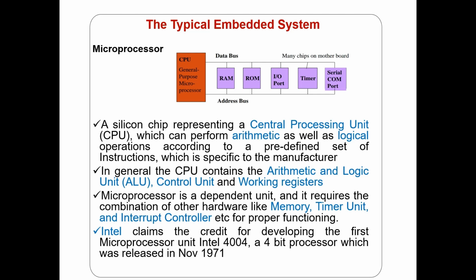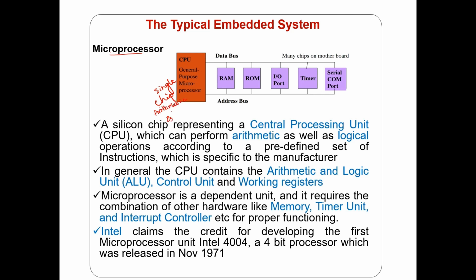To start with, let me take the core of the embedded system as the microprocessor. When you look at the microprocessor based embedded system, it will have a central processing unit. The central processing unit is a single chip IC. This central processing unit is able to perform the arithmetic operations as well as the logical operations.